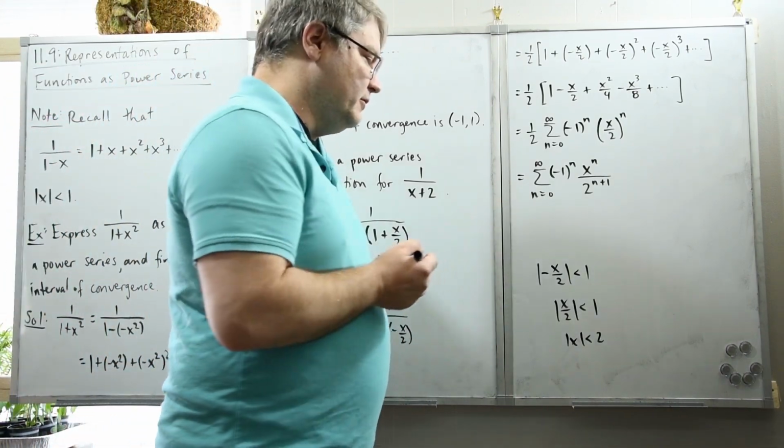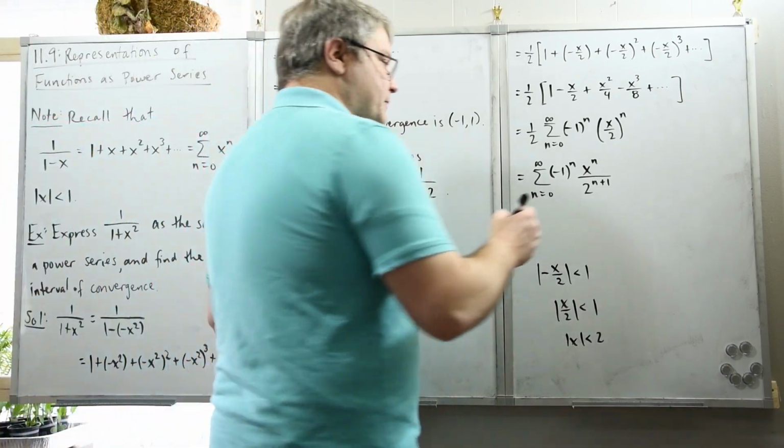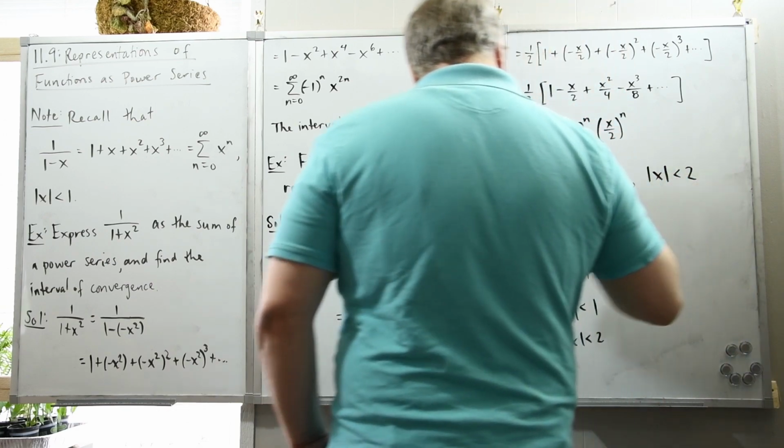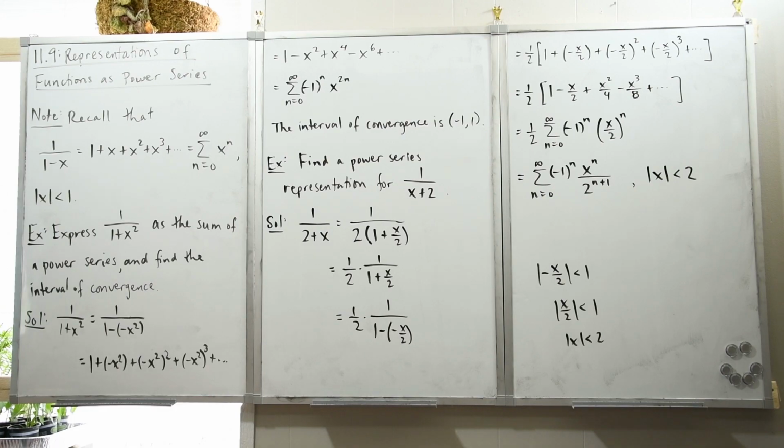Now that would mean that our interval of convergence would actually be the open interval from negative 2 to positive 2, but for this we can just say absolute value of x is less than 2. And that works pretty well for us.